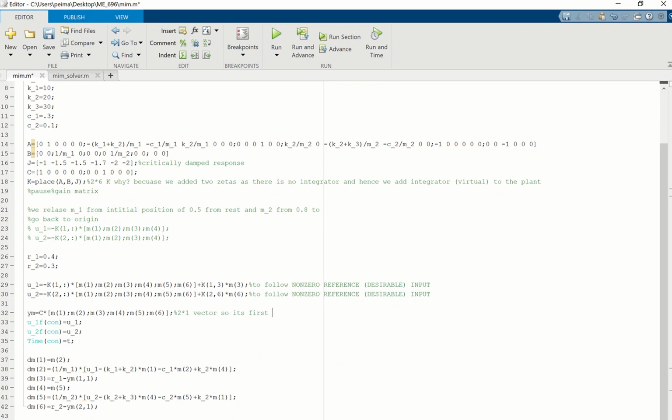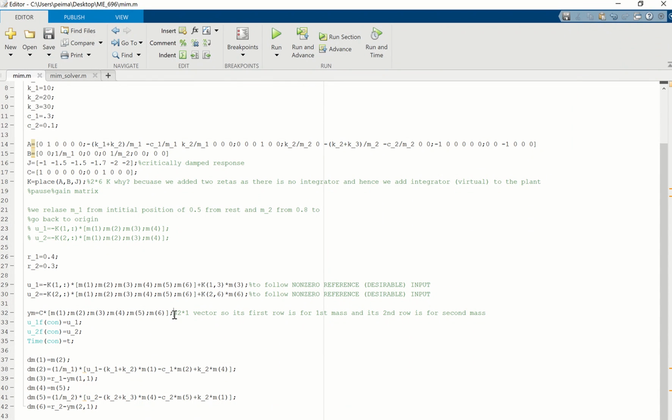Its first row is for the first mass, and its second row is for the second mass. That's right. It's like that.